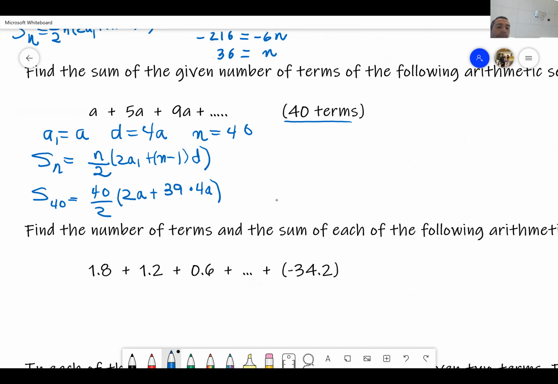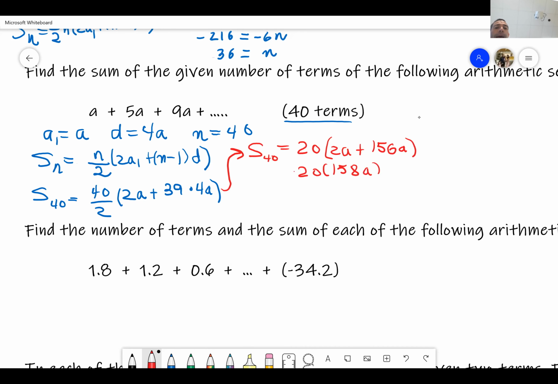So that means S of 40 equals 20 times twice a plus, what's 39 times 4a? Well, 39 times 4 is 156a. And now it's going to be 156a plus 2a, that's 158a.